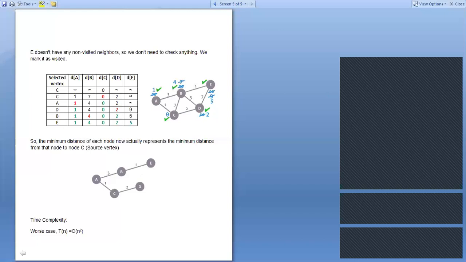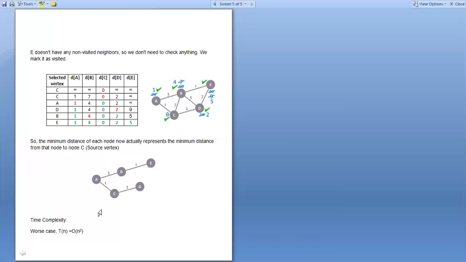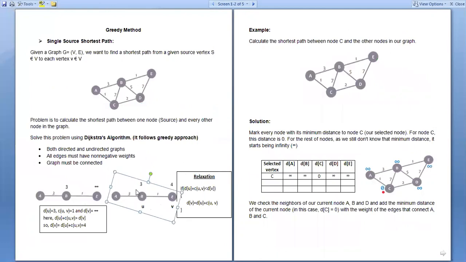That's why the worst case time complexity is order of n squared. This is the Dijkstra algorithm, and it shows how it is used for finding the shortest path from a single source vertex.